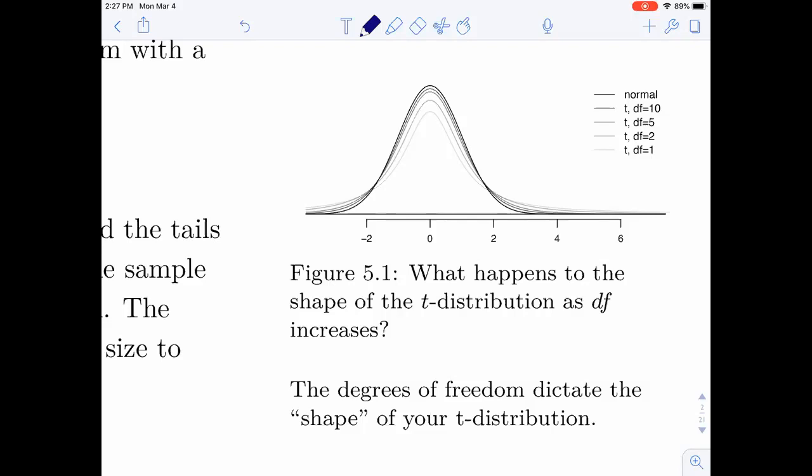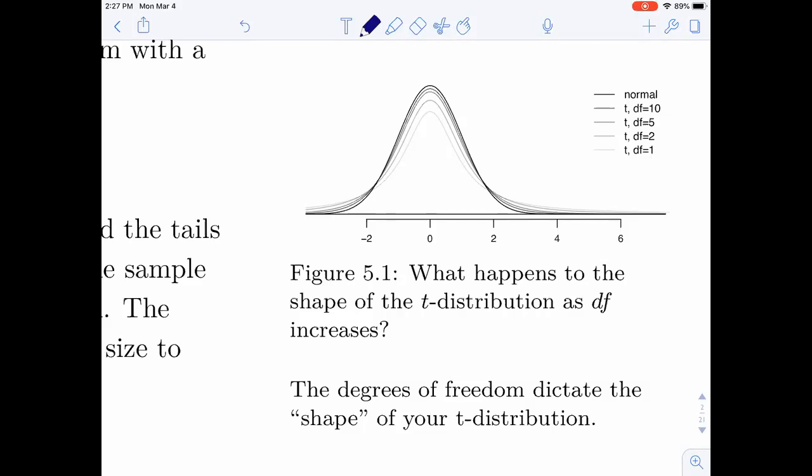But even if you go to 10 degrees of freedom, that's only a sample size of 11. And now they're basically the same. Here's your Z. Here's your 10 degrees of freedom, right? So even at a sample size of 11, it's basically behaving like a Z distribution already.